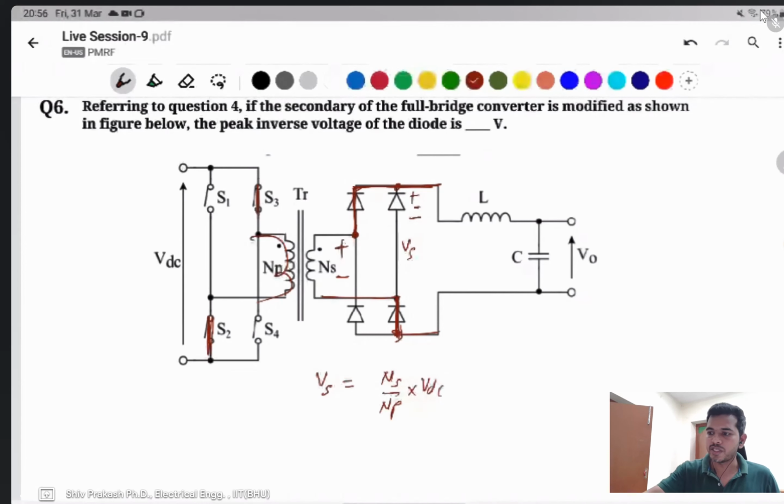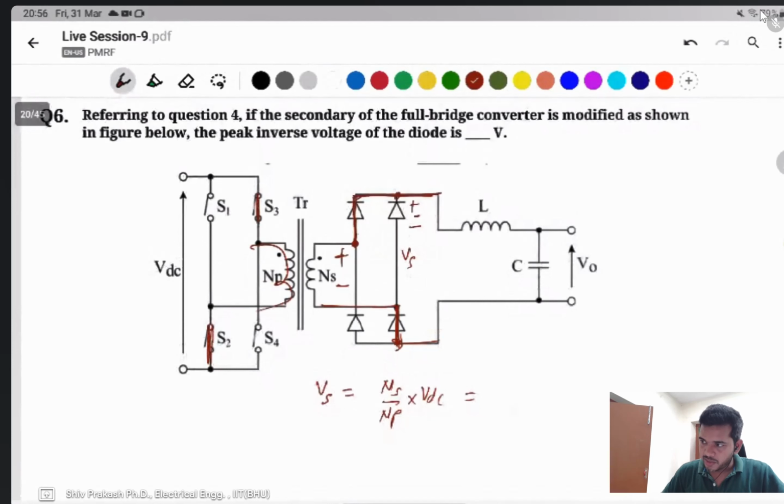You can calculate the peak inverse voltage of this one. NS over NP is given as 6, into VDC of 48 volts, is 288 volts, the peak inverse voltage.